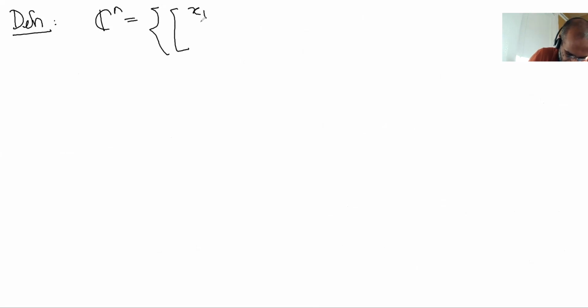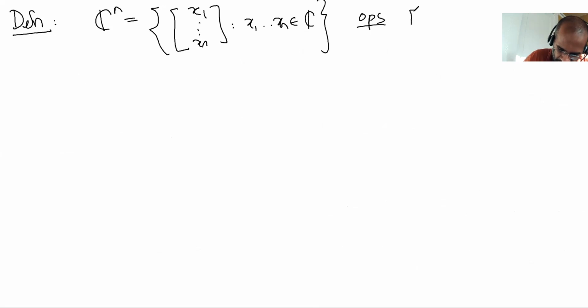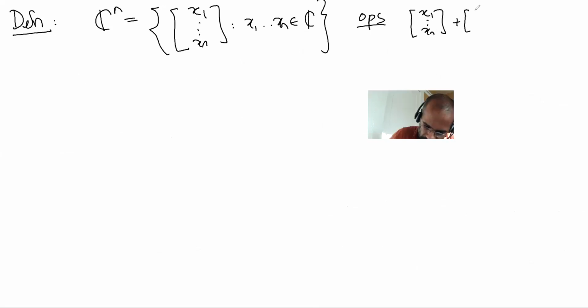So here's a definition. We'll only do this in this lecture, and the rest of the lecture will go back to real vector spaces. You can define this vector space Cn of complex vectors with n entries, and the operations are: the addition is defined the same way.